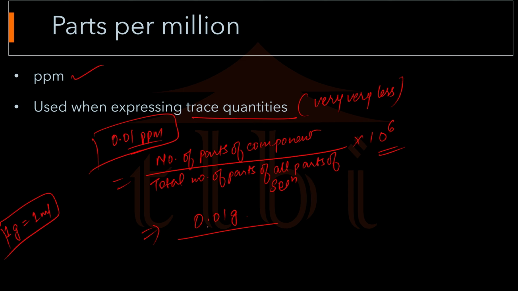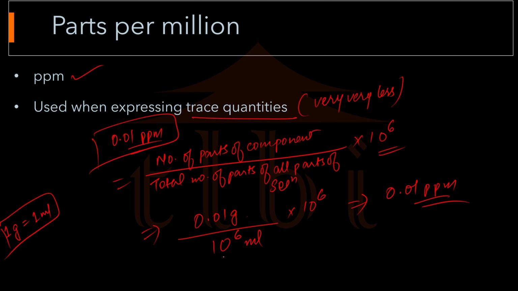So 0.01 gram, okay, and if it is in 10 power 6 ml, so this will give you 0.01 ppm, right?